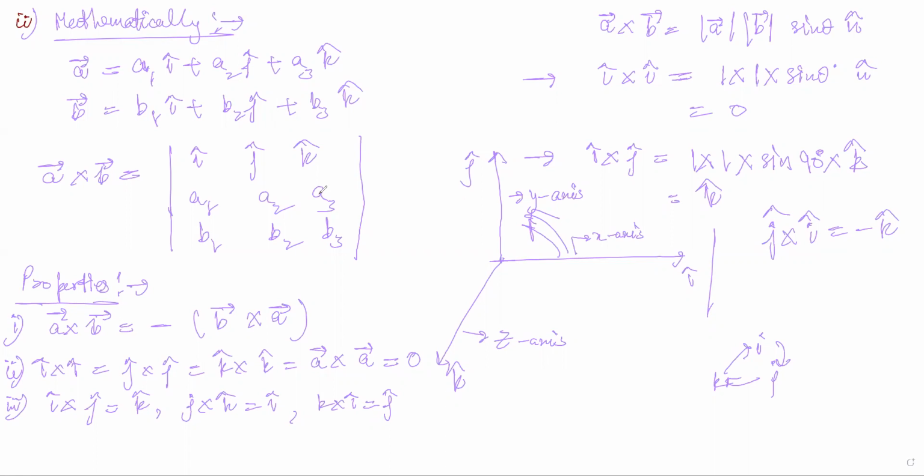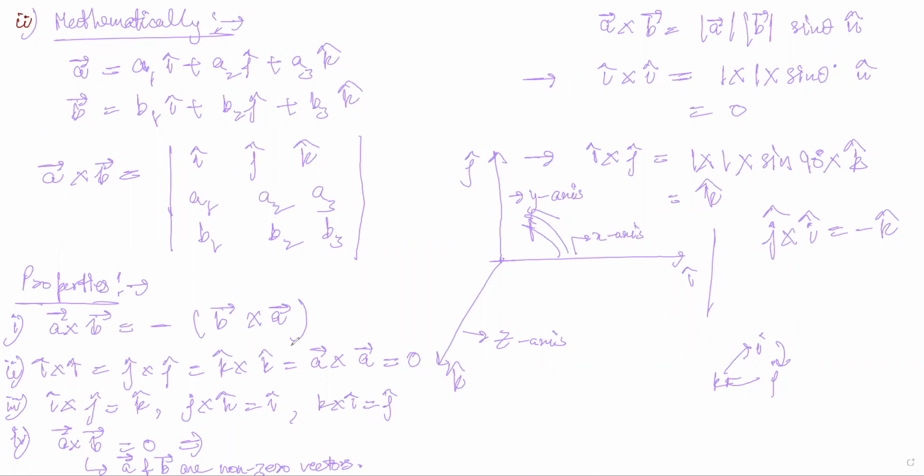Now, think about when A cross B will be 0. How can A cross B be 0? A cross B is mod A mod B into sine theta, right? Either it can be due to mod A or it can be due to mod B. In that case, A and B would have to be a 0 vector. But we will consider that A and B are non-zero vectors.